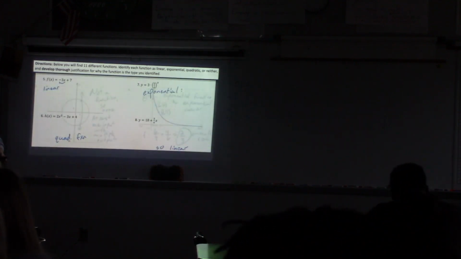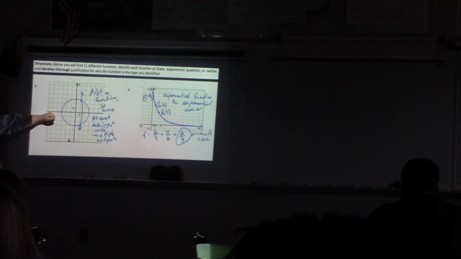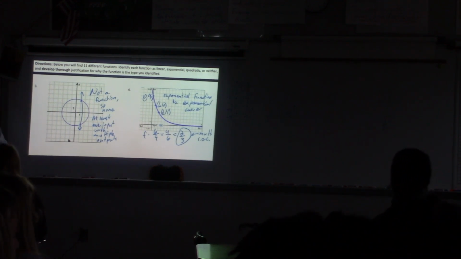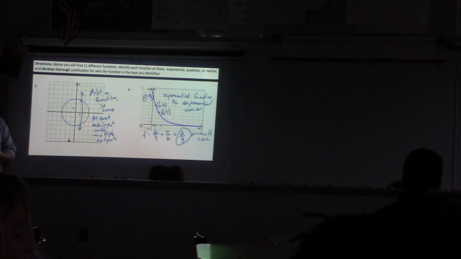Last thing I'll point out is here. Remember how I said this is not a function? Why is that? You can have functions other than linear, exponential, and quadratic. To be a function, each input maps to one output.